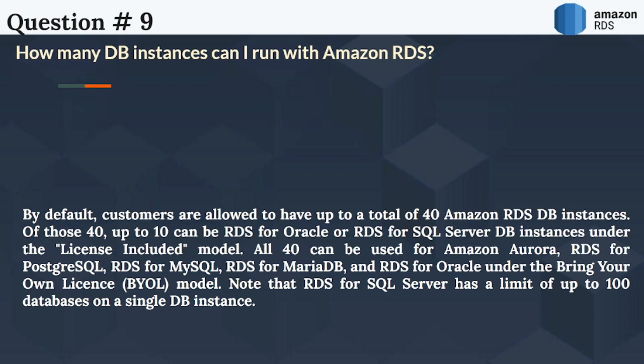All 40 can be used for Amazon Aurora, RDS for PostgreSQL, RDS for MySQL, RDS for MariaDB, and RDS for Oracle under the Bring Your Own License (BYOL) model. Note that RDS for SQL Server has a limit of up to 100 databases on a single DB instance. Let's see the next question.